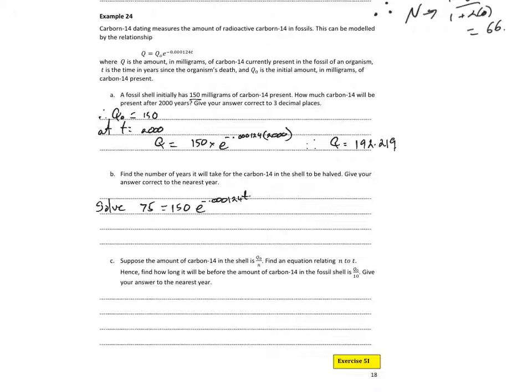Solve that for t. Just to highlight, divide by 150, and you can see that's where our half is. Using our CAS, t will be equal to, I can't remember, 5,590 years, I reckon it was.